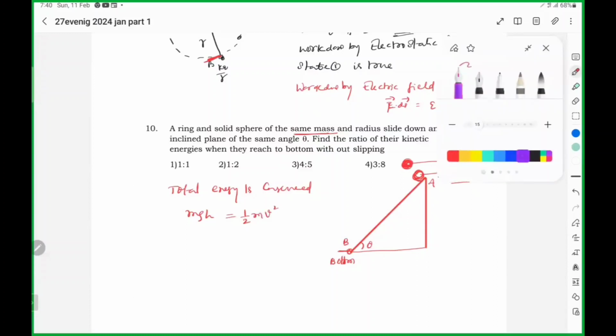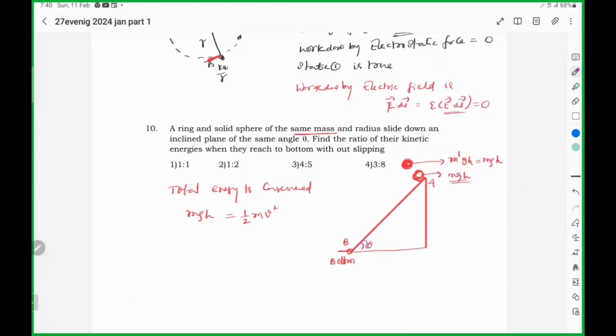So both bodies reach the bottom, and the kinetic energy is obviously the same because their initial potential energies are the same. Height same, mass same, potential energy same.